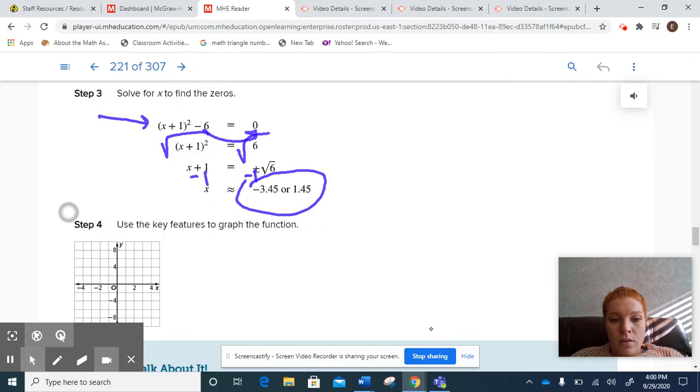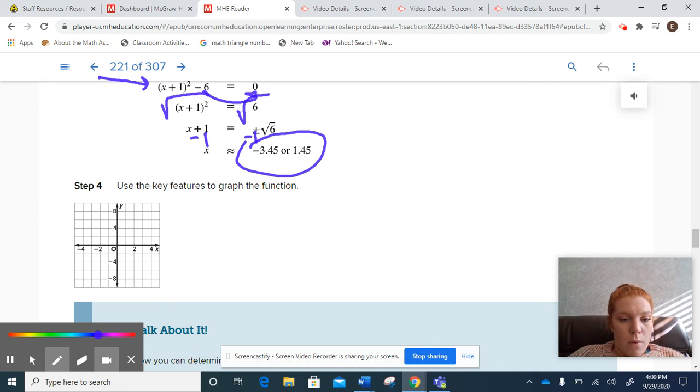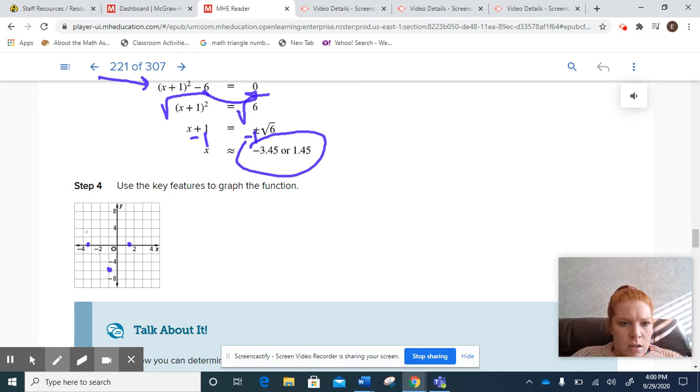Okay. So now you're able to put all of those things together in one place. So let's go ahead and do that. We had -1, -6. We had roughly positive 1.5 and -3.5. So like right there. Okay, our y-intercept, I think it was 5. I think.